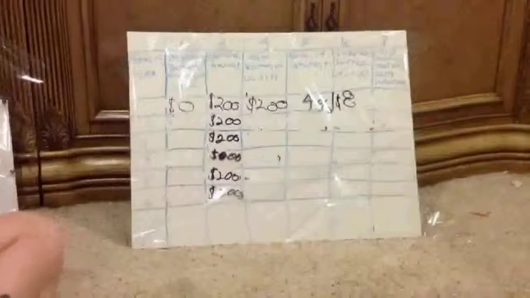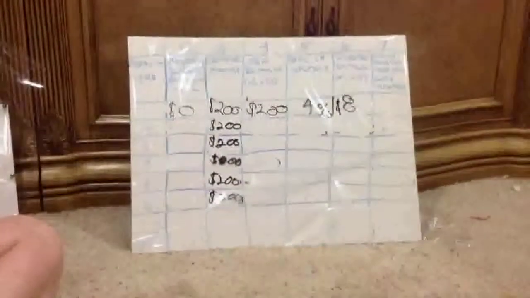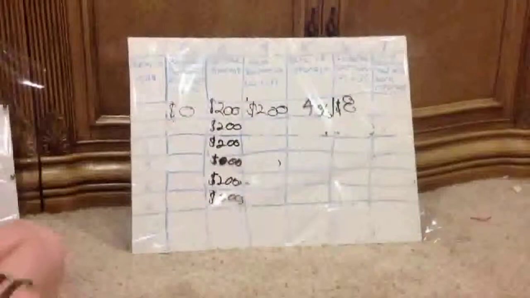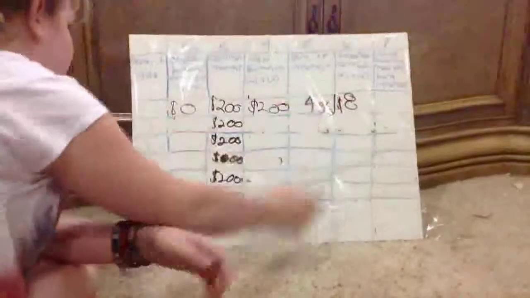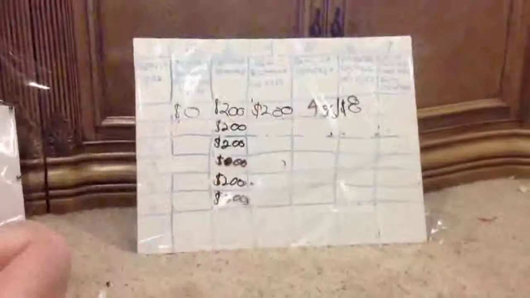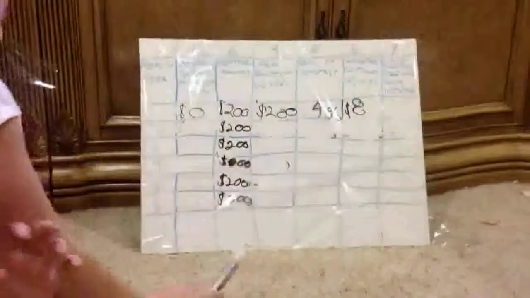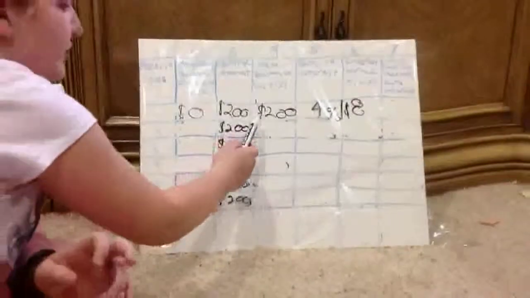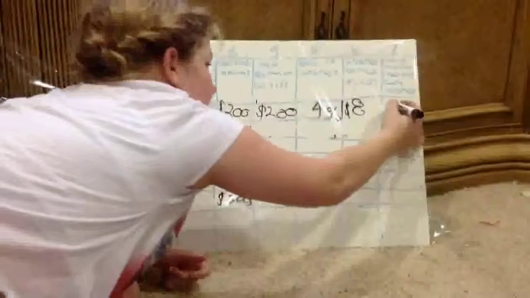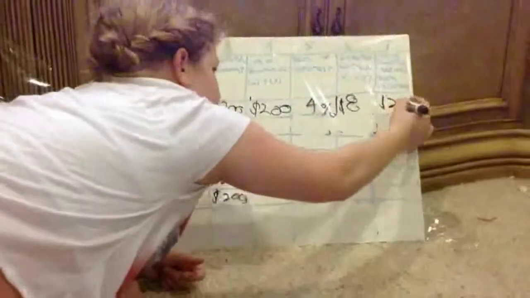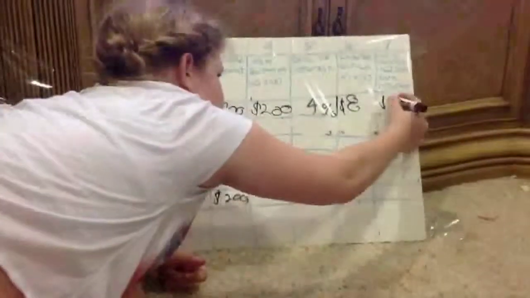So the big difference between simple interest and compounded interest is that for our ending balance that will earn interest, we add this column, whereas in simple interest, we just took this number and put it right there. So for compounded interest, we will take the $200 plus the $8, and that will be $208.